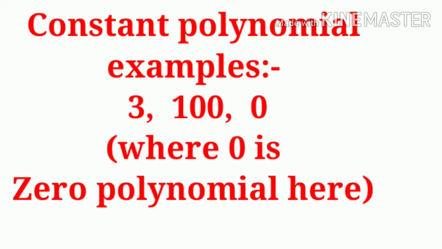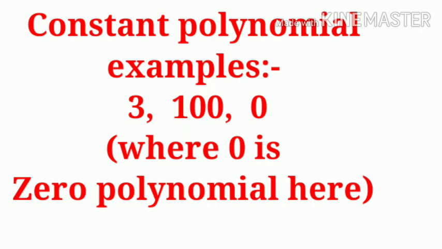So the zero polynomial is also a kind of constant polynomial, where the degree of a constant polynomial is 0, because 3 is a constant polynomial, but here the degree is 0. How? We will be writing it as 3 into x raised to the power 0.